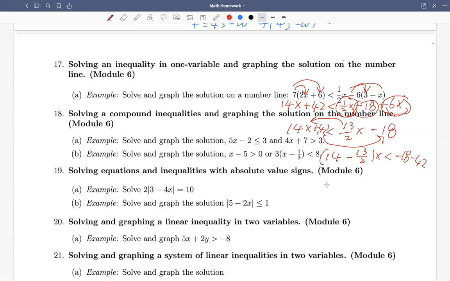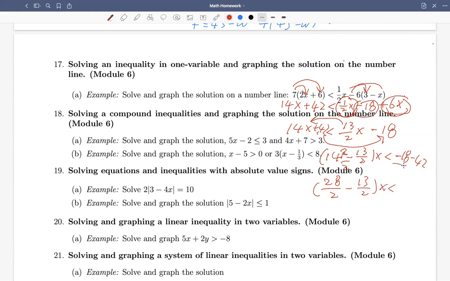So we moved the x term with the x term, and the constant term with the constant term. For 14 minus 13 over 2, we multiply by a transformer 1, which is 2 over 2, so 14 can be written as 28 divided by 2, then minus 13 divided by 2. That's our x term.